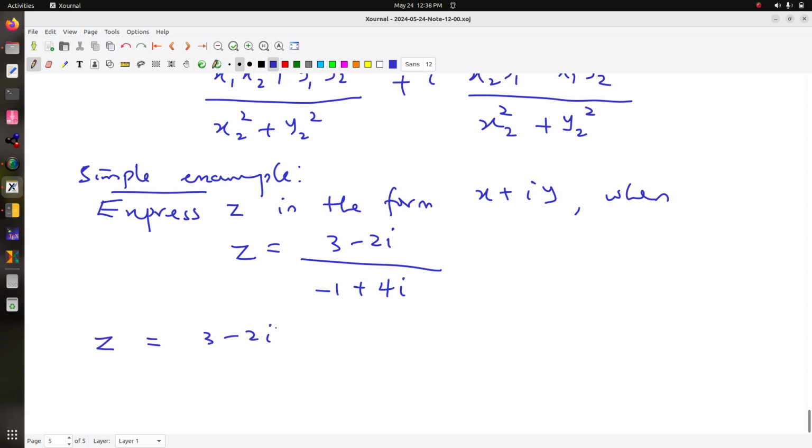So you multiply both the numerator and denominator by the complex conjugate of the denominator. So that will be minus 1 minus 4i.